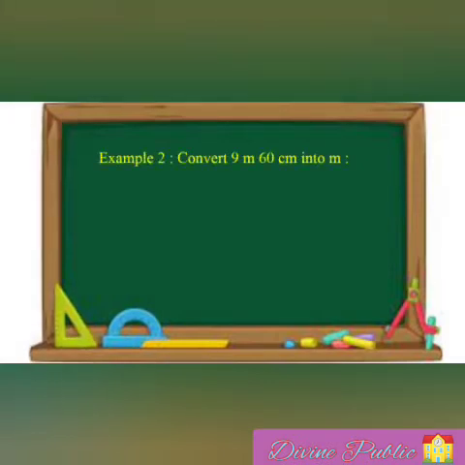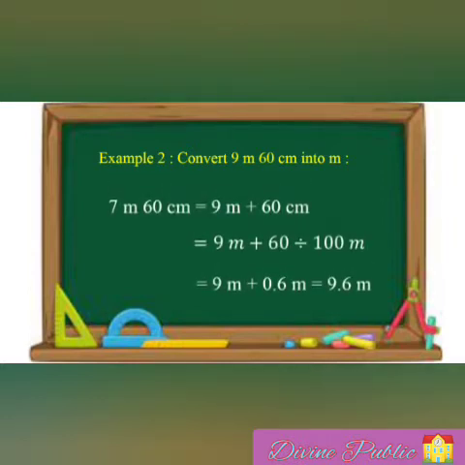Let us see one more example. Convert 9 meter 60 centimeter into meter. Let us see the solution. Firstly, we will write separately 9 meter plus 60 centimeter. Then we will convert 60 centimeter into meter.